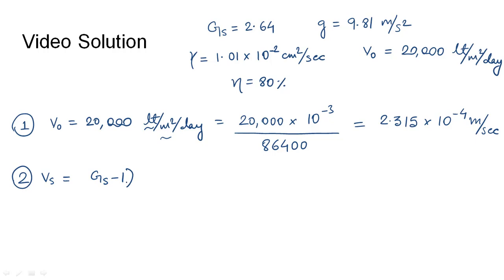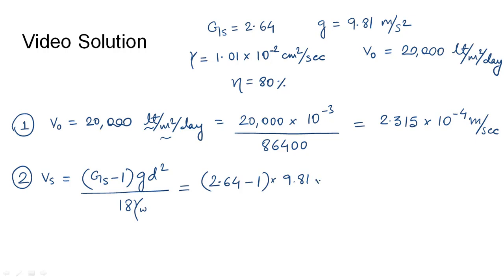The second step is the calculation of settling velocity of the particle using Stokes' law. Here the Stokes' law equation is (Gs minus 1) times acceleration due to gravity times diameter square by 18 gamma water. Substituting the values, 2.64 minus 1 times 9.81 times the diameter square divided by 18 into gamma water, that is given here as 1.01 times 10 to the power minus 2 centimeter squares per second.